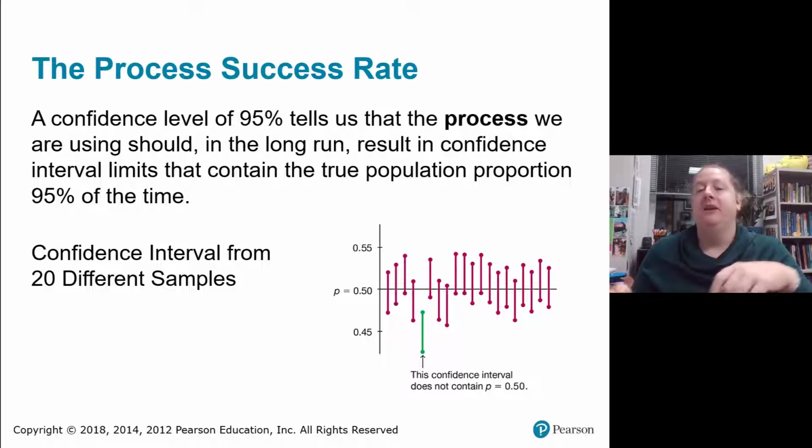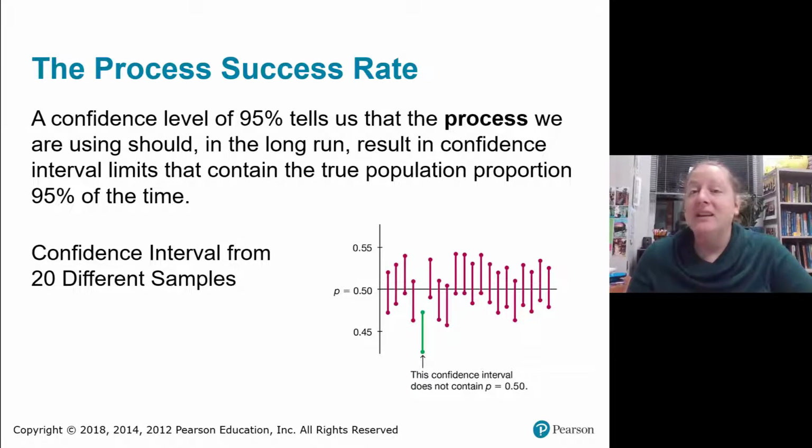These are all of our 95% confidence intervals that we found. You'll notice the true population proportion of 0.5 falls within all but one of them. The one that it does not fall within is that green example. That's one out of the 20 different 95% confidence intervals that doesn't contain the actual true population proportion.